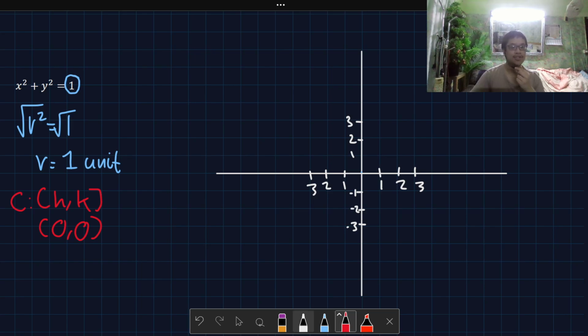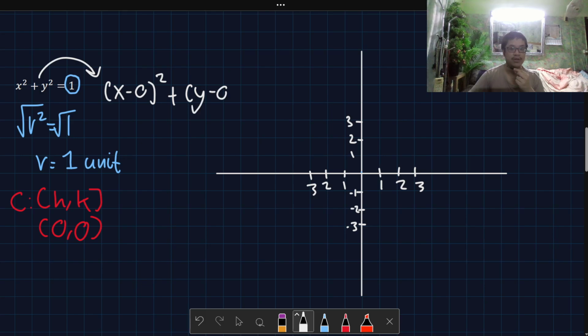Because x squared plus y squared is basically the same as quantity x minus 0 squared plus quantity y minus 0 squared. They're just the same. x squared is the same as the square of x minus 0. Likewise, y squared is the same as y minus 0.